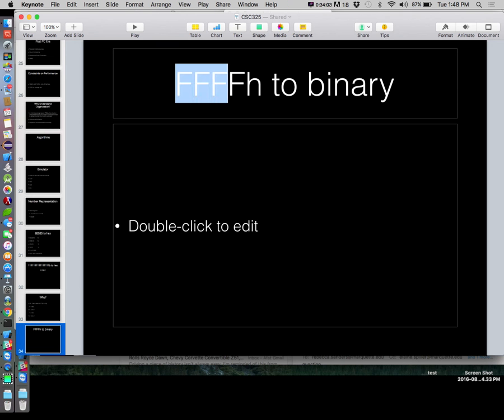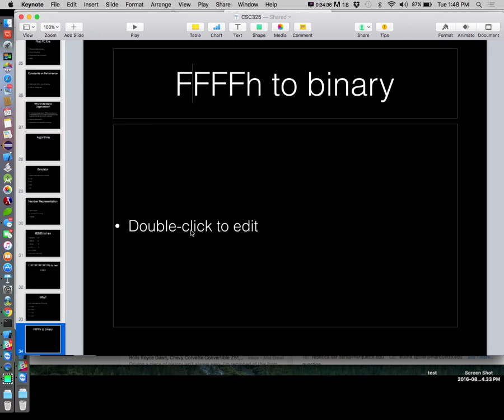How many characters are in this hexadecimal value? 4 characters, and I know I need groupings of 4 bits for each of them. Even if it's a small value, so let's say this was 1FFF, could I represent the number 1 in less than 4 bits? Sure, but I need to create a numeric space big enough to house the whole hexadecimal system. So each one of these guys is a 4-bit number.